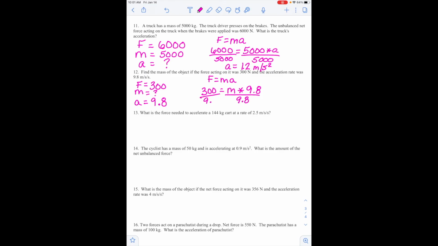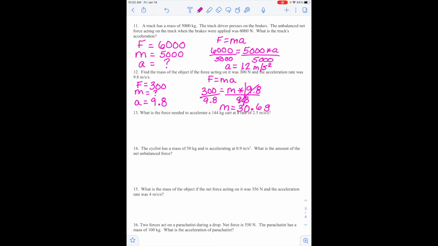So divide both sides by 9.8. This cancels out over here. And 300 divided by 9.8 is about, oops, it's not acceleration, it's mass. The mass is approximately 30.6 kilograms.